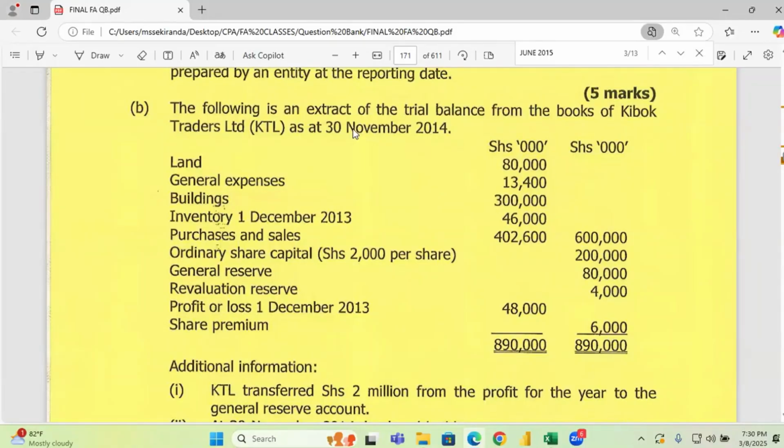It means it begins 1st December. So this is retained earnings as at the start of the year. Are we now together? Yes, thank you. So we are done bringing forward the balances.